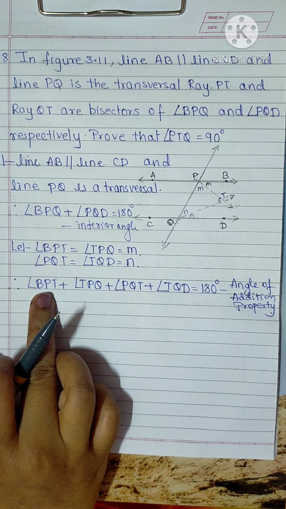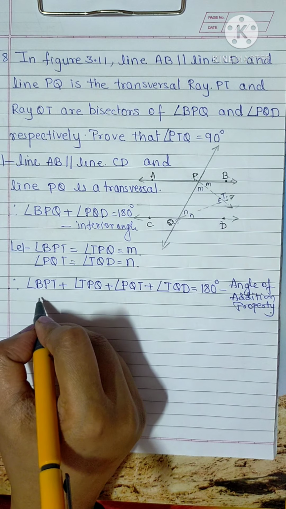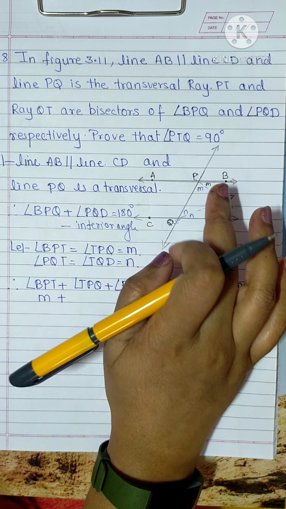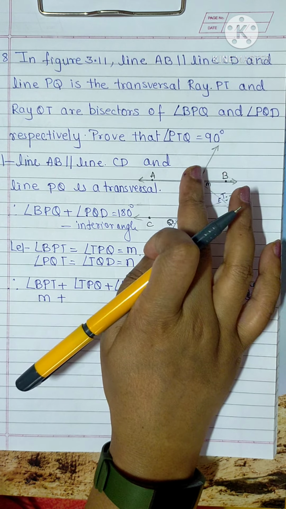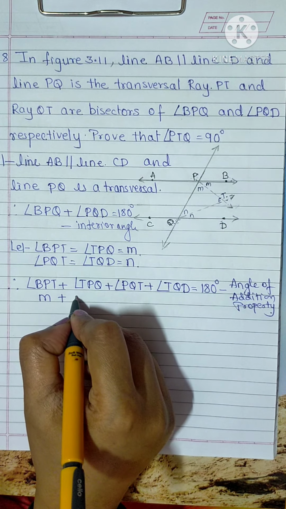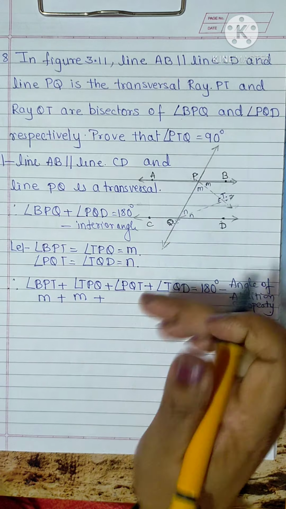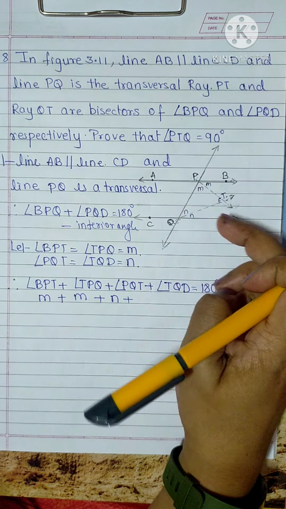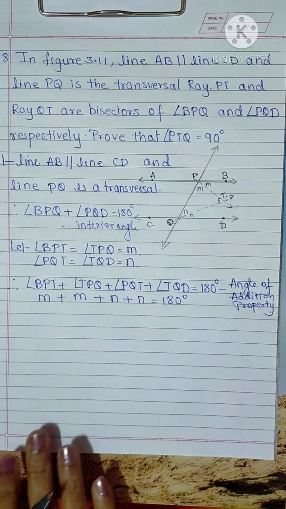Now we have given names: BPT as M plus TPQ as M, again plus PQT as N plus TQD as N equal to 180 degrees.